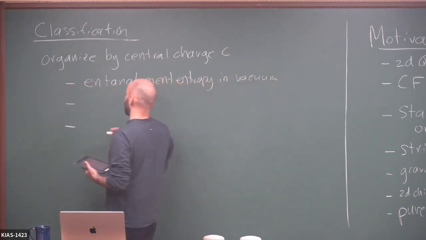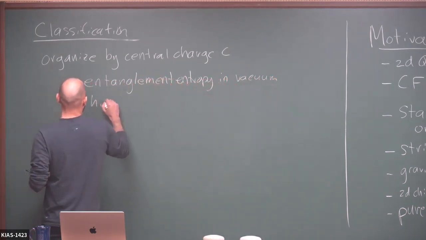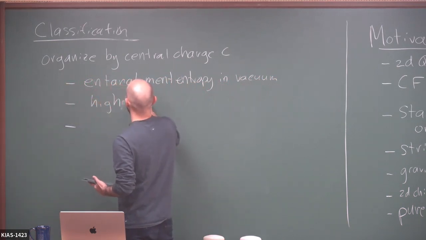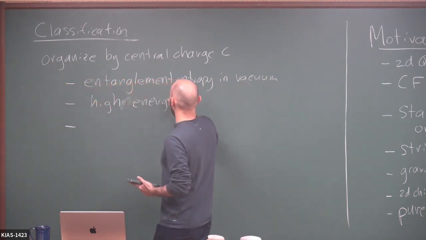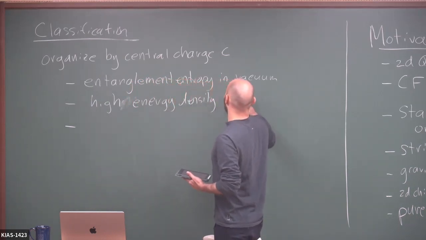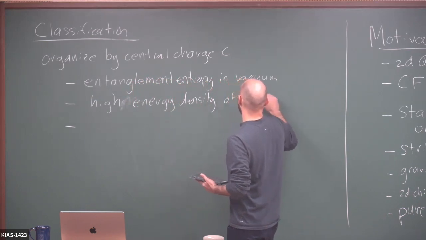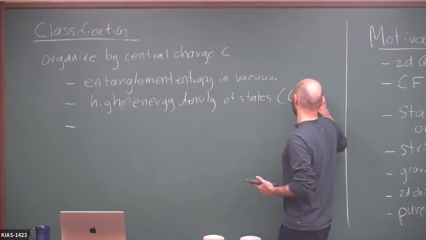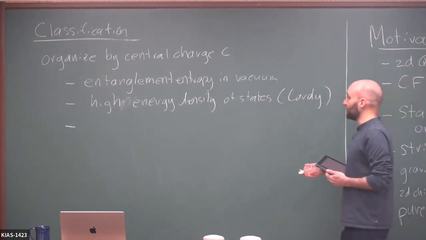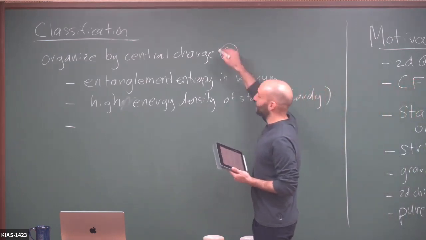It characterizes the asymptotic density of states at high energy, by something called the Cardy formula. So the high energy density of states is a completely universal quantity that only depends on c.